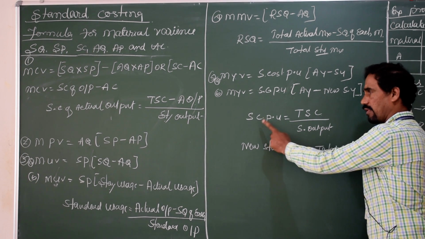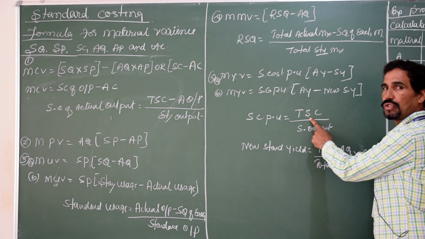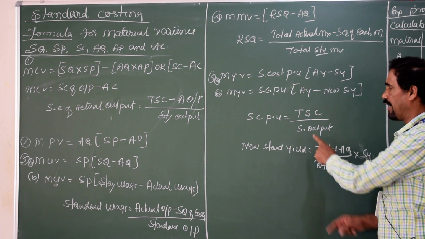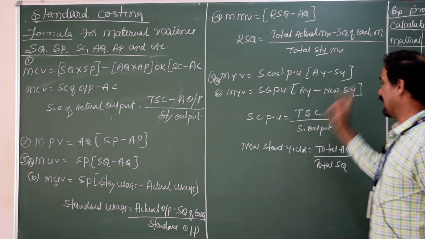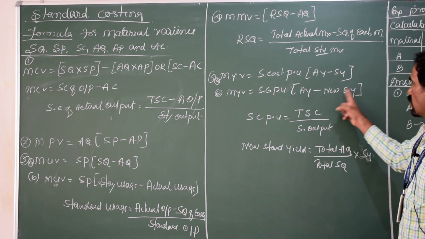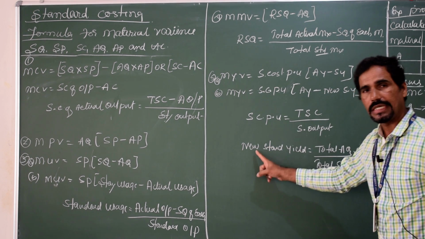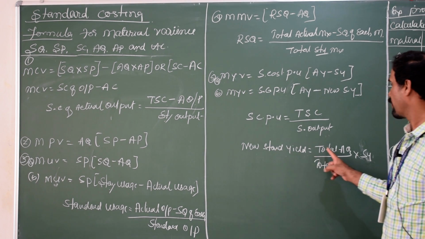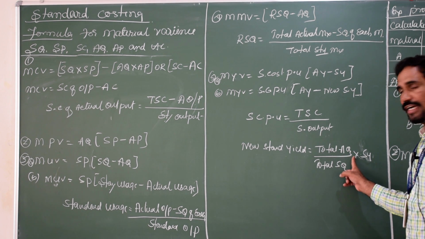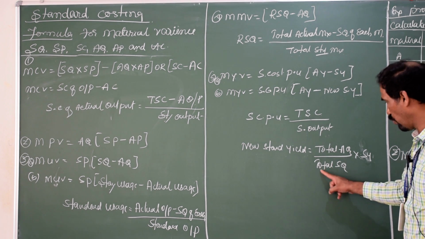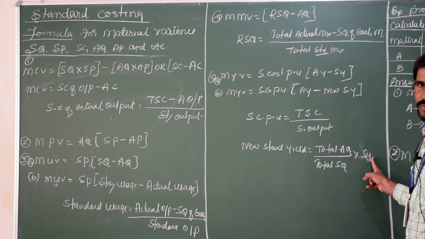Now, new standard yield, because it is not given, you should find out. New standard yield equals total actual quantity divided by total standard quantity into standard yield.